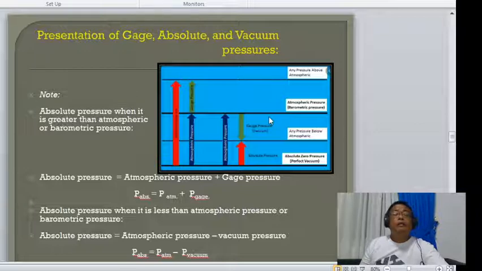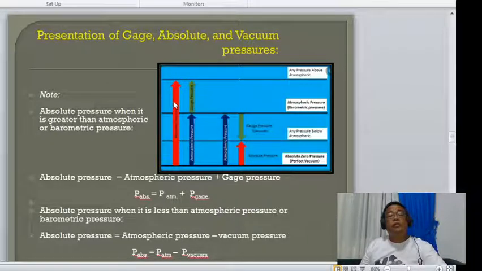Considering this red arrow, this is the actual pressure reading. This is the sum of the gauge pressure reading here, the green arrow, and the atmospheric pressure, the blue arrow. So absolute pressure here is above the atmospheric pressure.